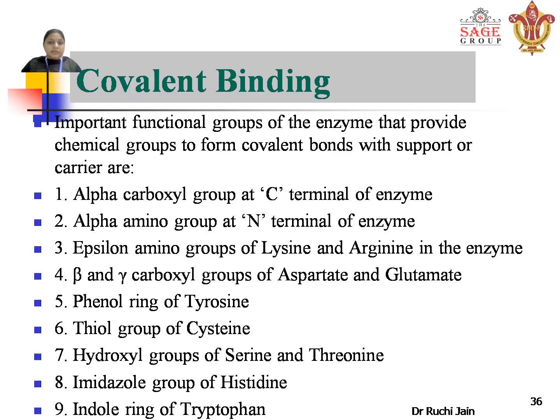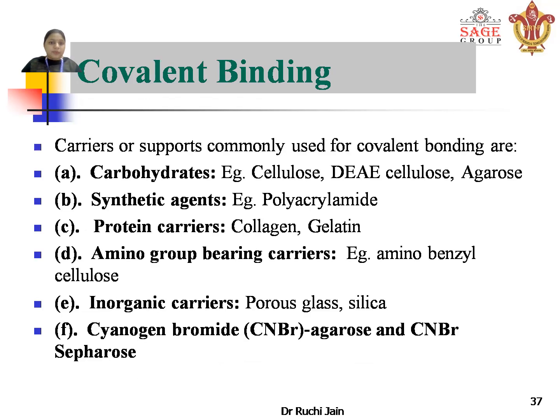There are various groups present in enzymes, like the alpha carboxyl group at the C terminal, the alpha amino group at the N terminal, beta and gamma carboxyl groups, and phenol ring. All these rings or groups help to form the covalent bond between enzymes and support.